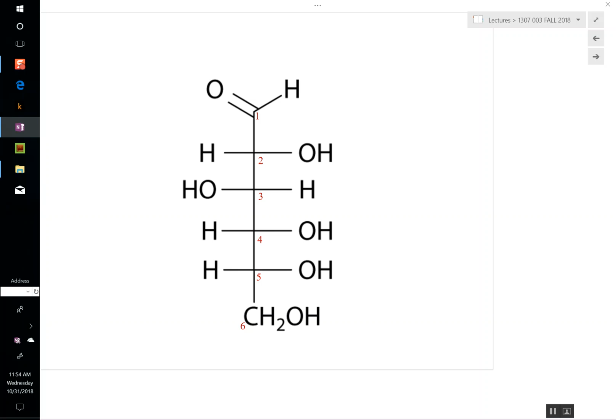So you want to make 6 carbons long. These are all carbons, and these are going to be oxygens. I want you to use these bonds for everything except that bond up there.